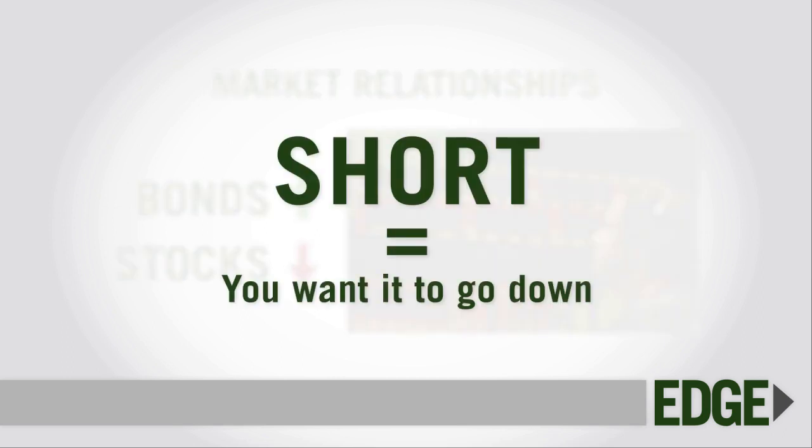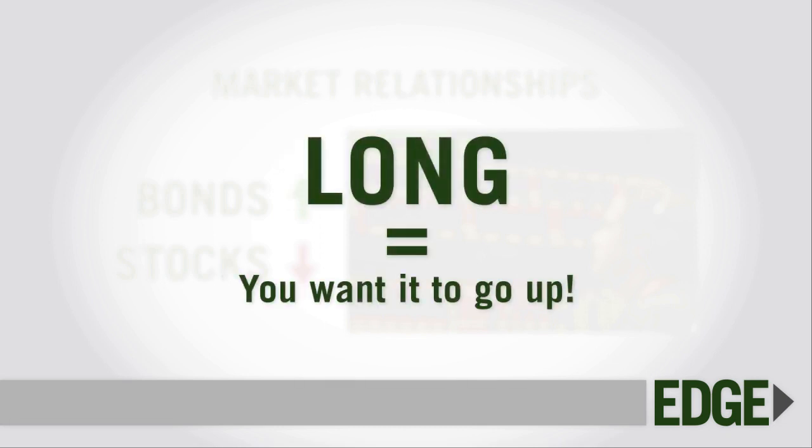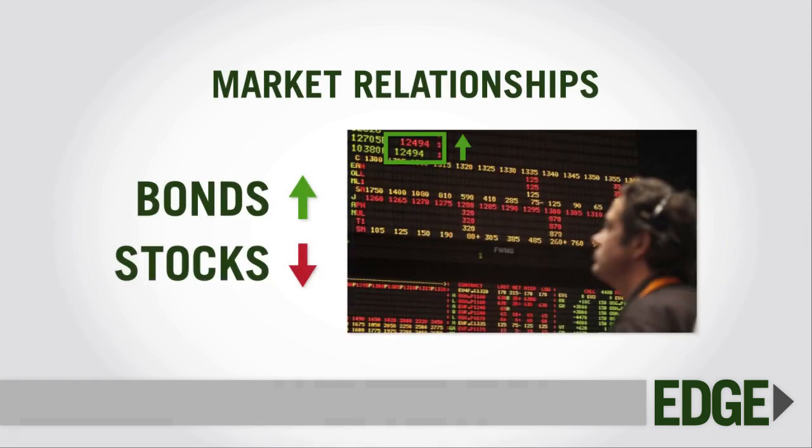When you go short, you think the market's going down because the bonds went up. A cause and effect. If the bonds go down, you might want to go long because you think that stock index is going to go up based on that relationship. So that's an inverted correlation between stocks and bonds.